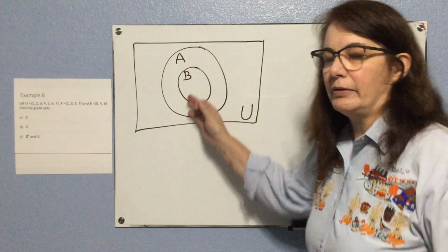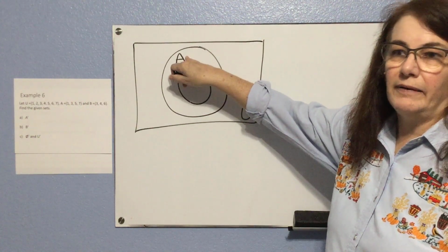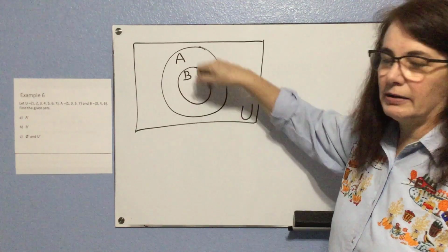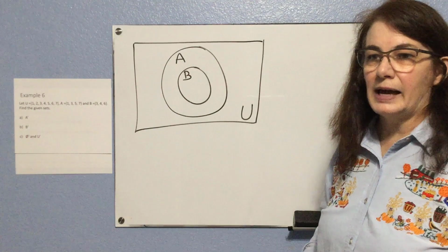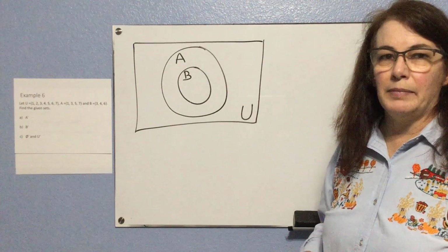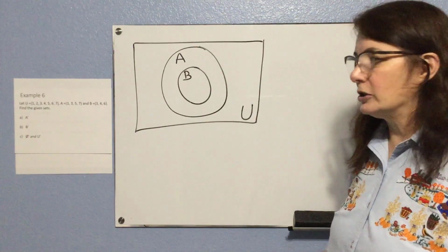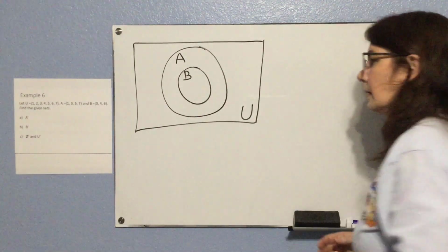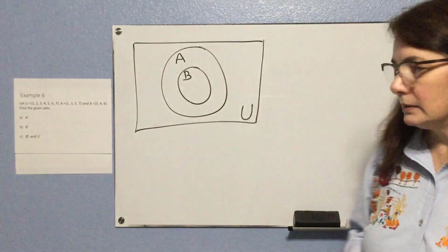In this Venn diagram, we say that B is a subset of A because it's entirely inside A. Notice that the sizes of the circles are not meant to show the sizes of the sets. It's just the relationship between them. Pause the video now and work on checkpoint 6.